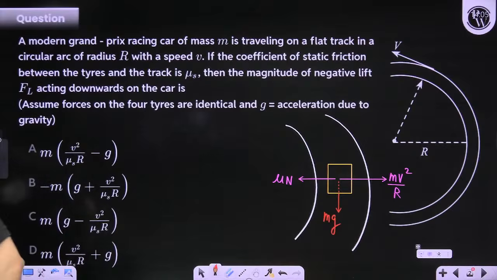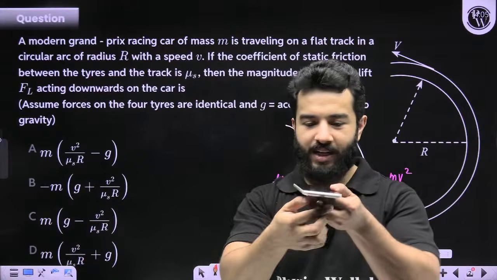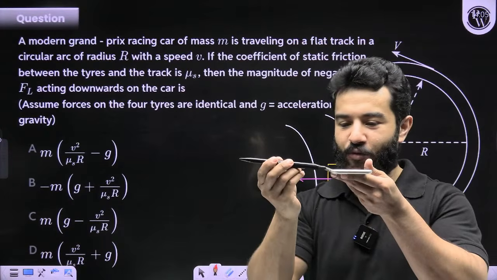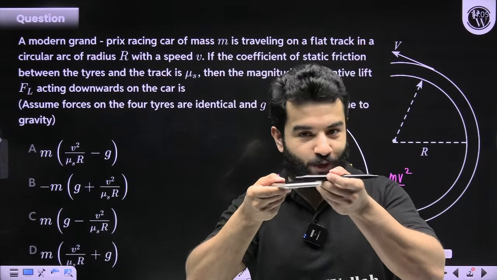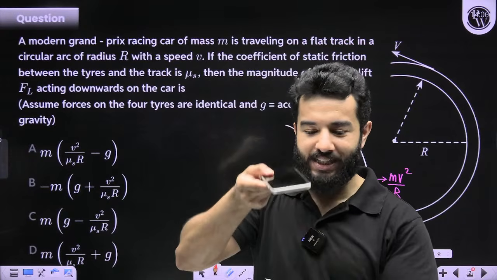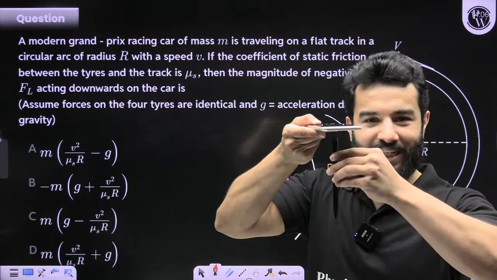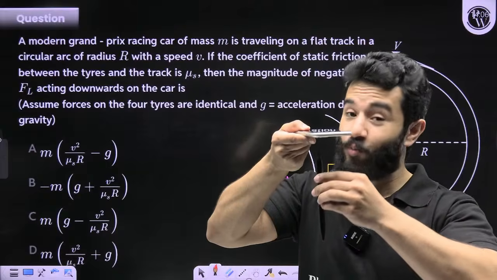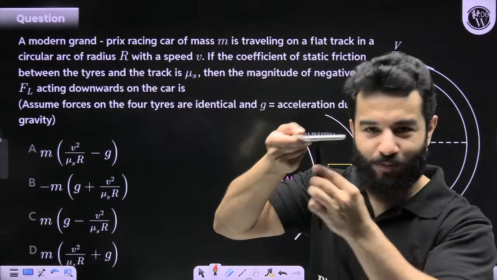Let's suppose this is a car. Then the friction force is acting in this direction, the centrifugal force is acting in this direction, mg is acting like this, got it? And a downward lift is also acting, something like this.